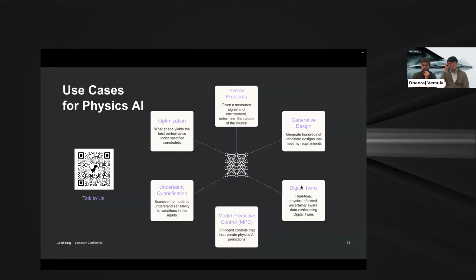These inferences don't have to be just a finite value. We're working toward creating uncertainty bands or confidence intervals for each of our predictions. These uncertainties can come from, if you're familiar with physics AI models or ML models in general, things that are out of distribution, OOD.